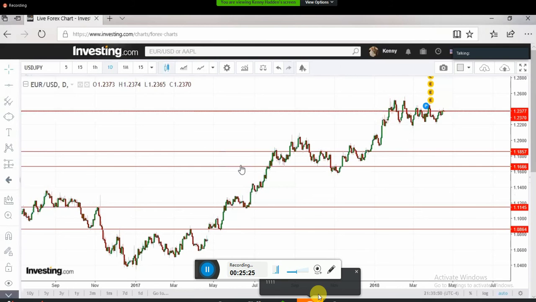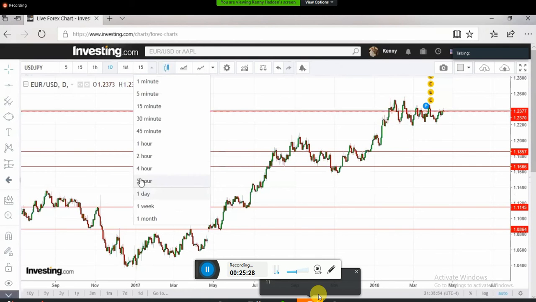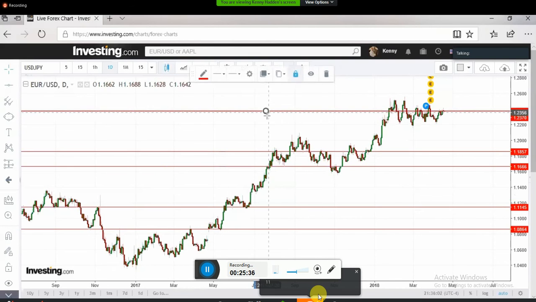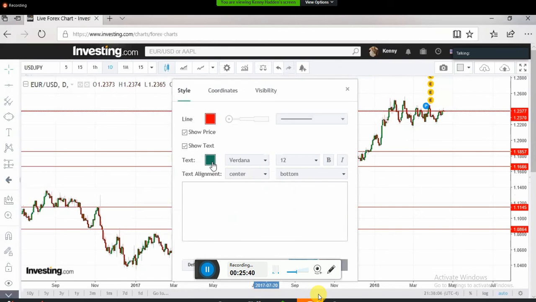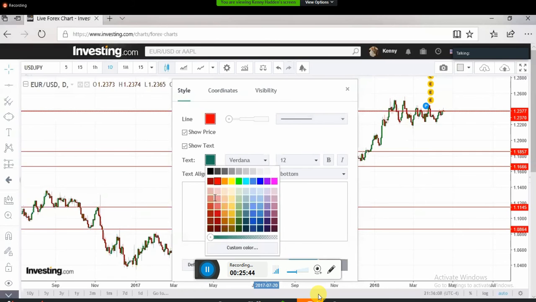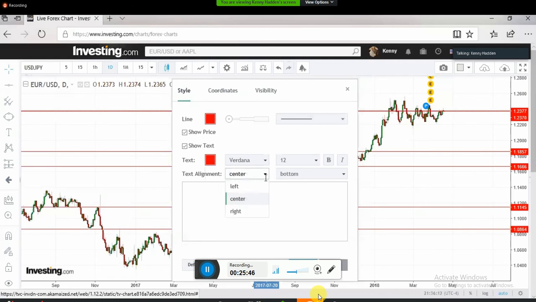So now what I do is I take it down to the 4-hour chart. And basically, let me do this. If you want to help yourself, I show the text. I click on the red. I'm gonna move my text to the left and put it up top.